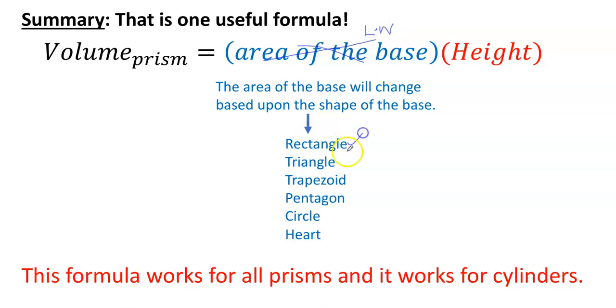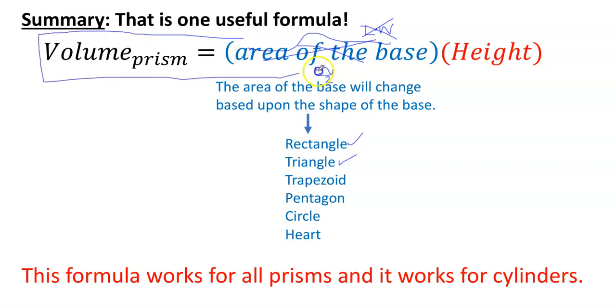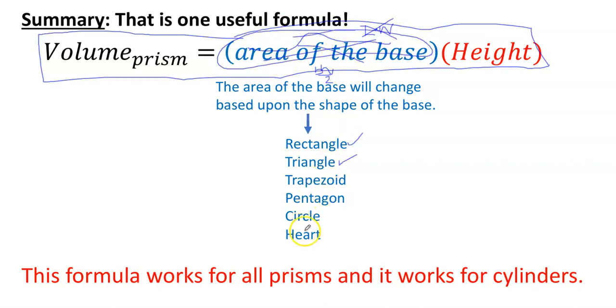If this were, let's move on to a triangle, you would replace this blue part with base times height divided by 2. So you're always going to start with this basic formula, and then you're going to make this formula work for any of these bases by using the formula for these bases.